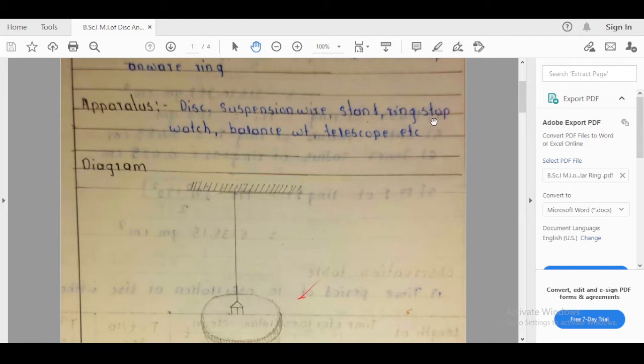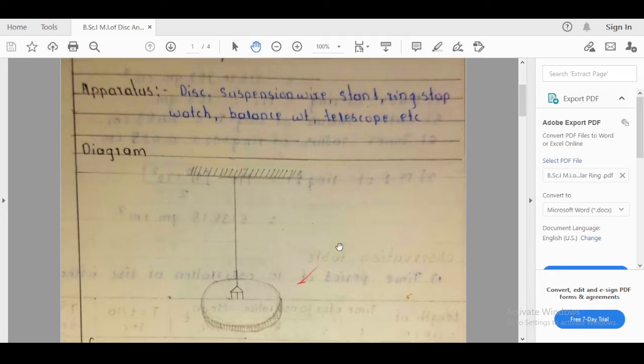For measuring the time period for different lengths of the suspension wire, we need a stopwatch. A rough balance is needed to check the weights of the disc and annular ring. And for recording the readings, we need a telescope. These are the required apparatus for this experiment on the moment of inertia of a disk.